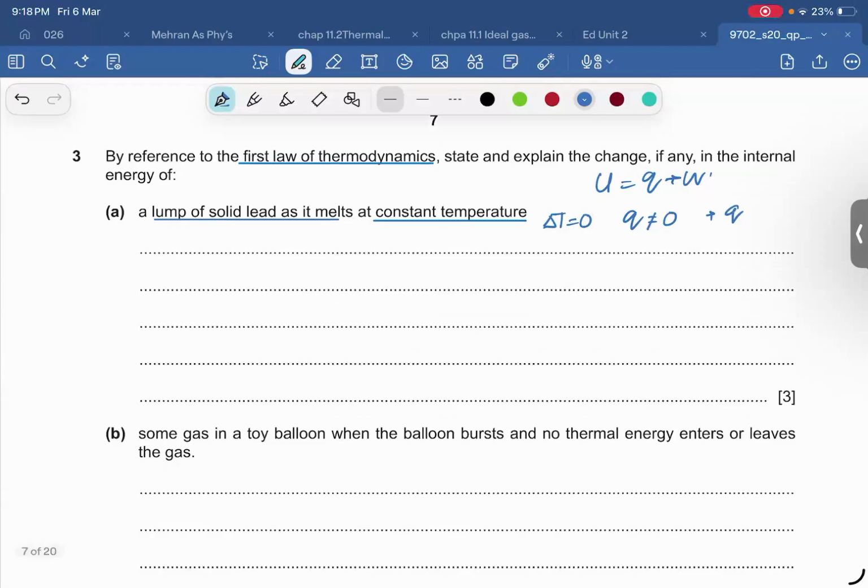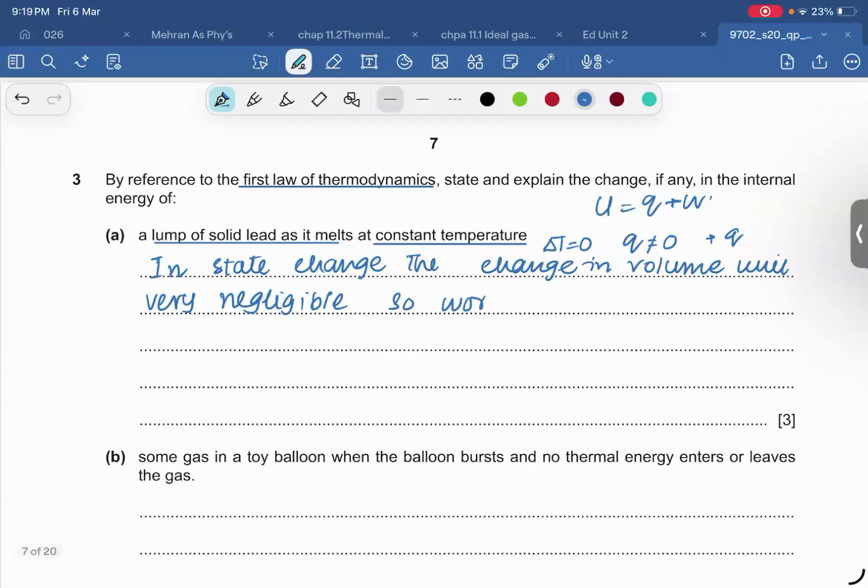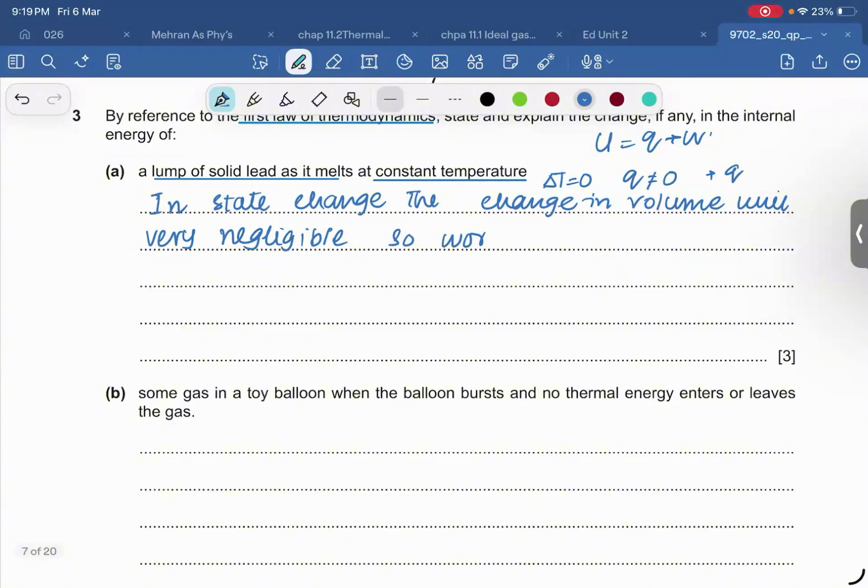So we can say that in a state change, the change in volume will be very negligible, so work done will be zero. This is the first point.